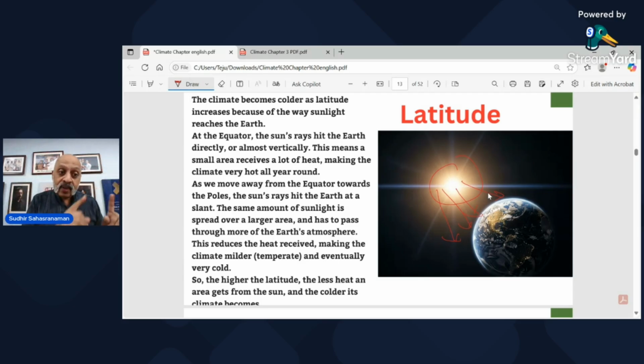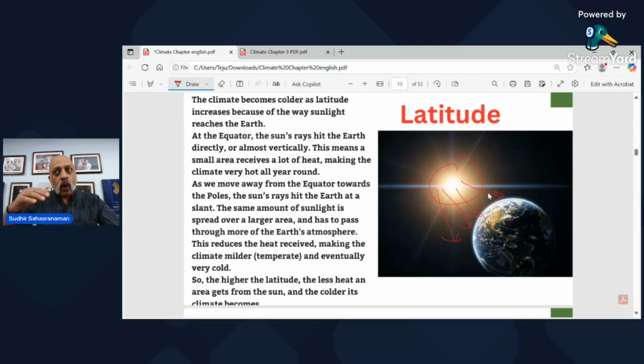The same way, at the equator, the sun's rays hit the earth directly. For example, at 12 o'clock in the afternoon, if you go and stand on the road, the sun will be directly above you, right? It will be hitting you directly. It will be the hottest, that's why I say around 12 o'clock, don't go out in the sun, because the sun will be very hot.